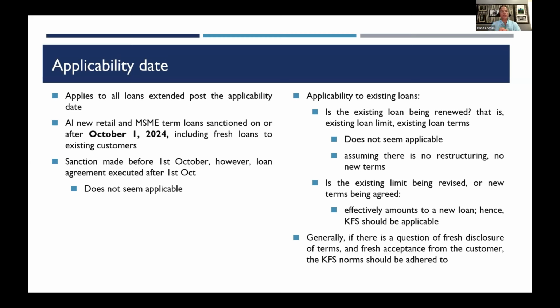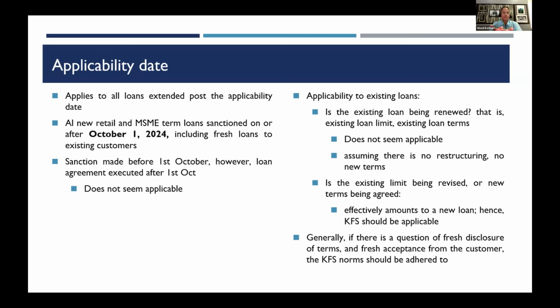If it's a mere renewal of something which was already granted, with no new terms being offered, no new limit being extended, there is no question of the borrower saying, yes, I agree. That would mean that if there is no fresh deal with the borrower, and it's an existing deal that is just getting extended, with no restructuring, no new limit, no new terms, no new rate of interest, no new period, there is no need to go to the borrower to seek his I agree kind of confirmation.